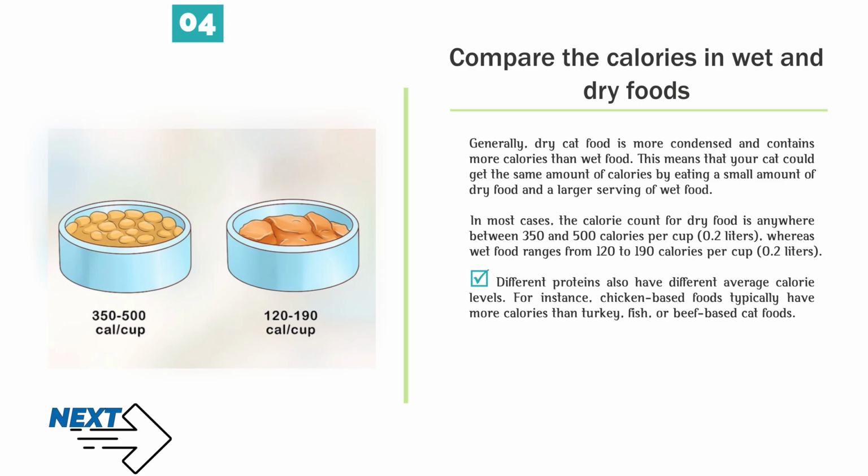In most cases, the calorie count for dry food is anywhere between 350 and 500 calories per cup, 0.2 liters, whereas wet food ranges from 120 to 190 calories per cup, 0.2 liters. Different proteins also have different average calorie levels. For instance, chicken-based foods typically have more calories than turkey, fish, or beef-based cat foods.